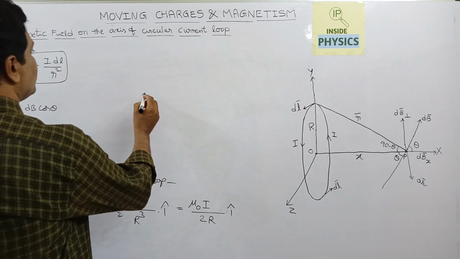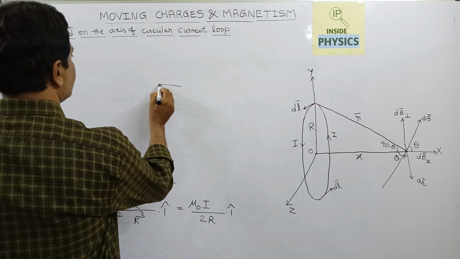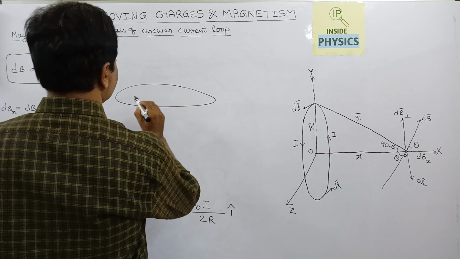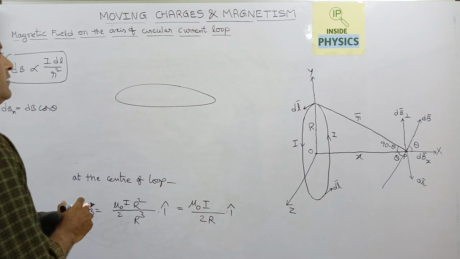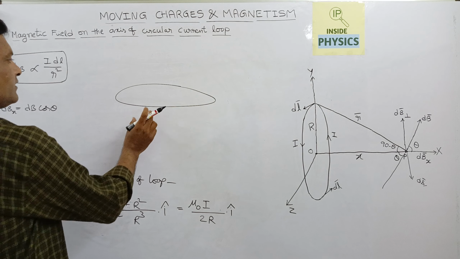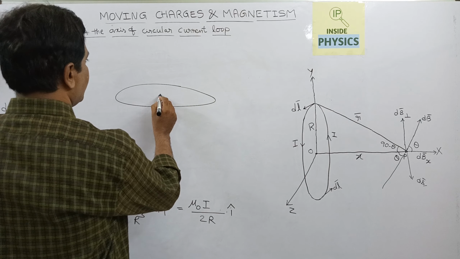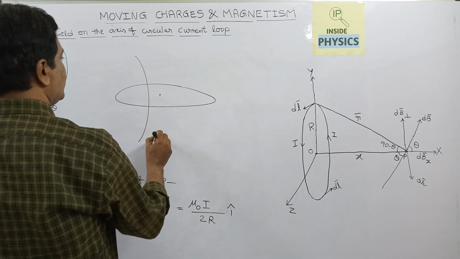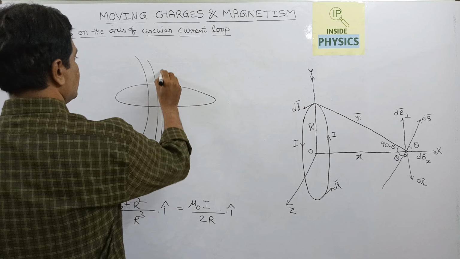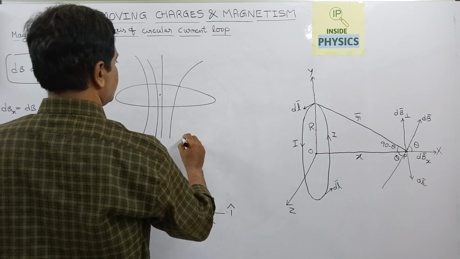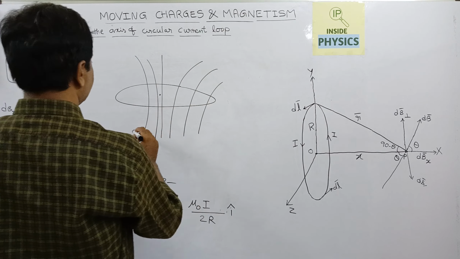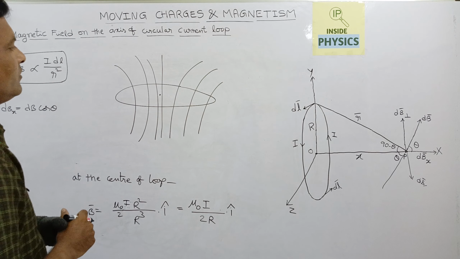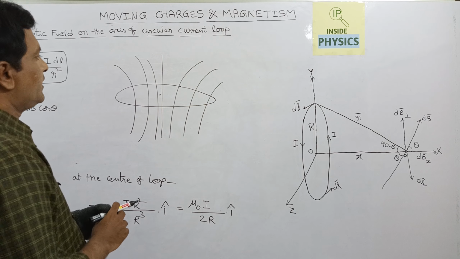So if this is the loop which we have taken to calculate the magnetic field, the magnetic lines of force will be going like this.